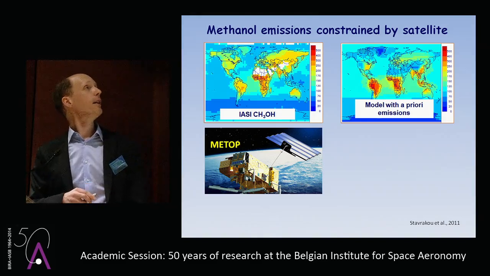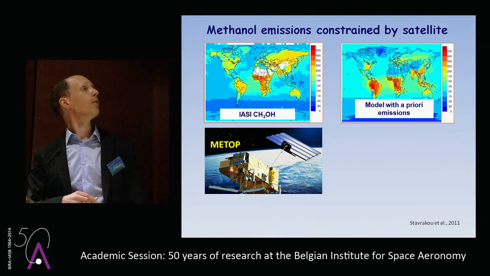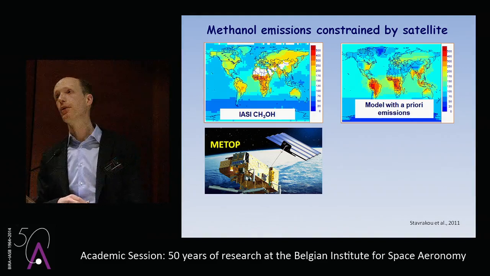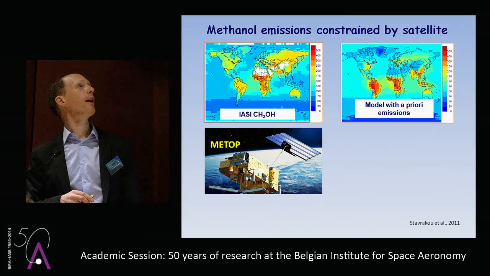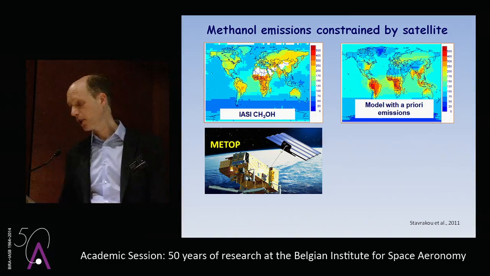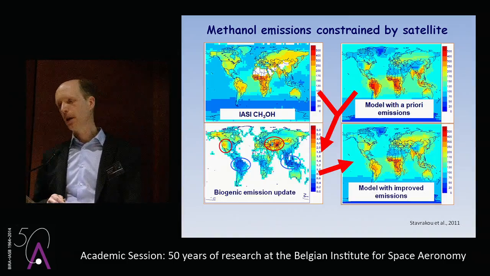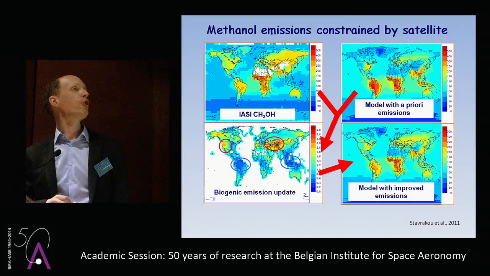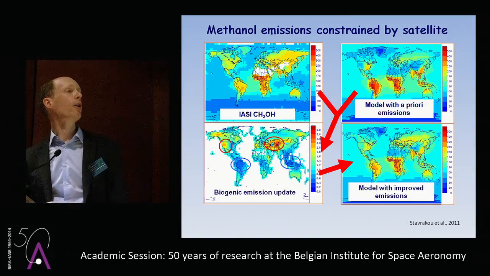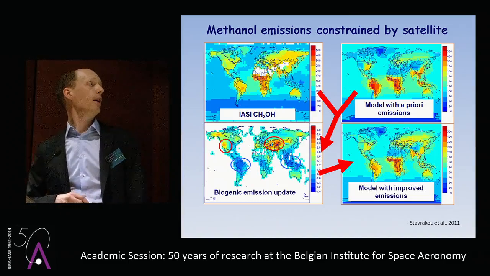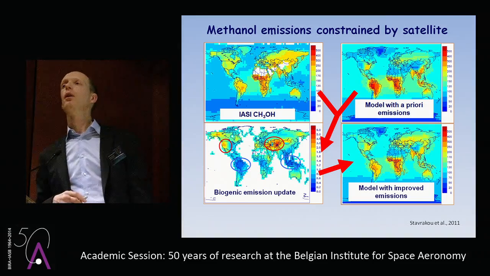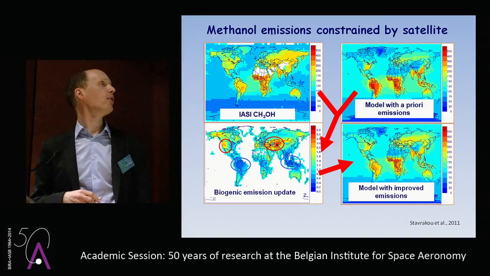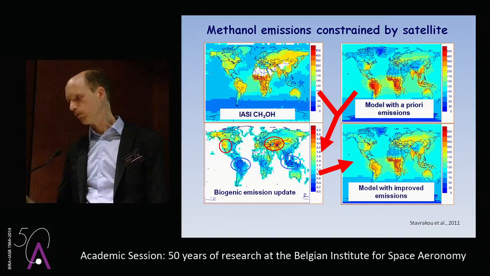And in this case, you see that the model overestimates the emissions over tropical forest and tends to underestimate them at other locations like Central Asia. So our system was able to adjust the emissions in the model in order to provide the best match. And so we have in this way a quantification of the emissions which are needed to represent those measurements.